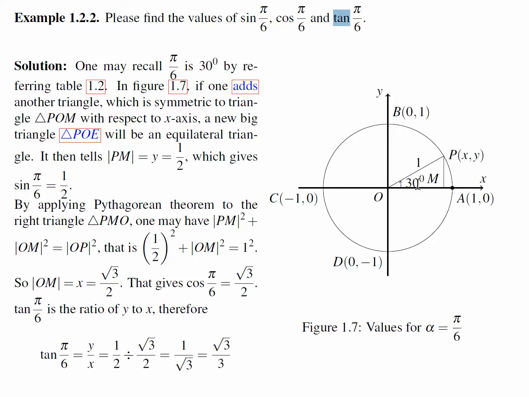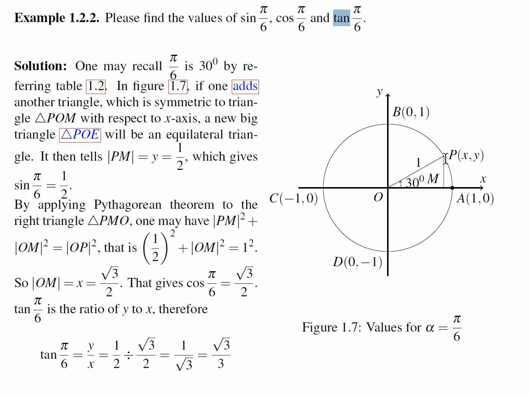So we want to find out the coordinates of y and x and the ratio, because we know the y coordinate is sine and the x coordinate is cosine, because here the hypotenuse is 1.